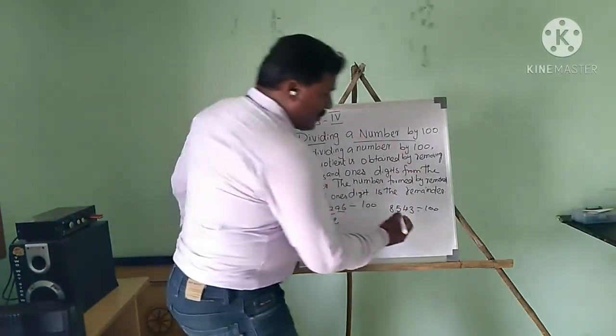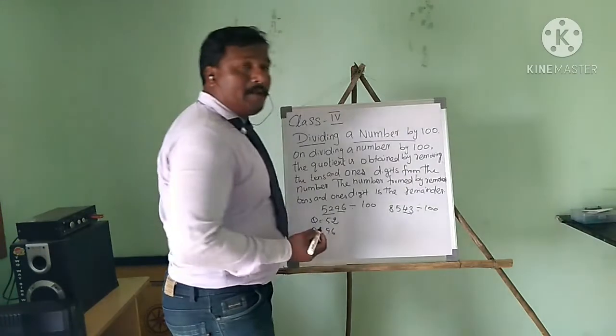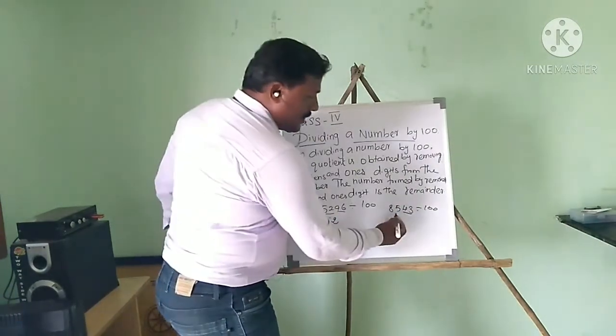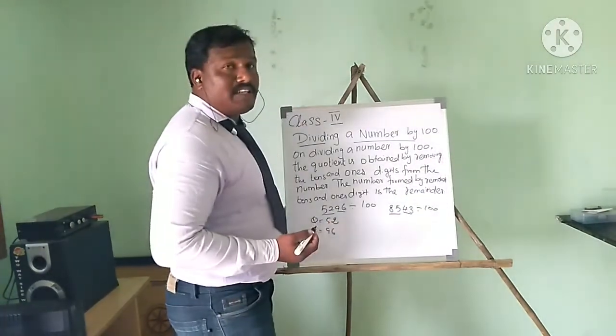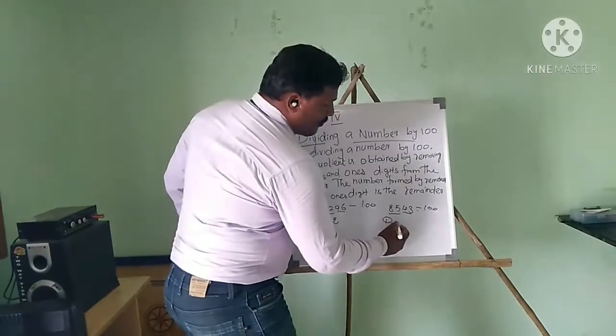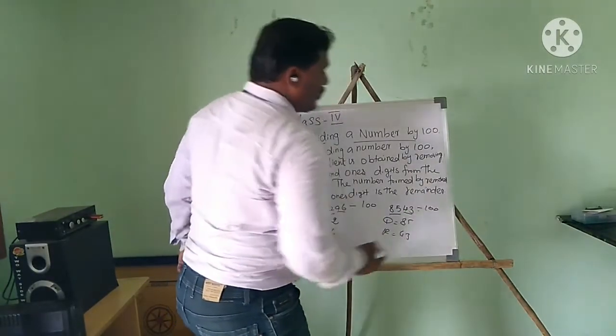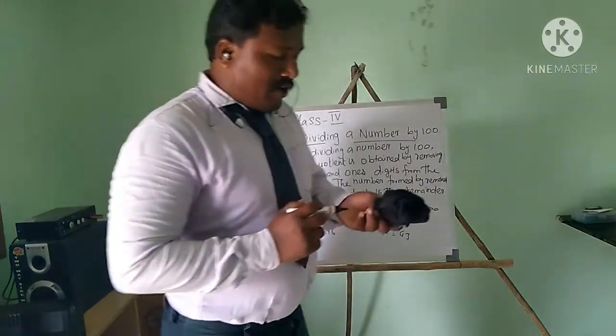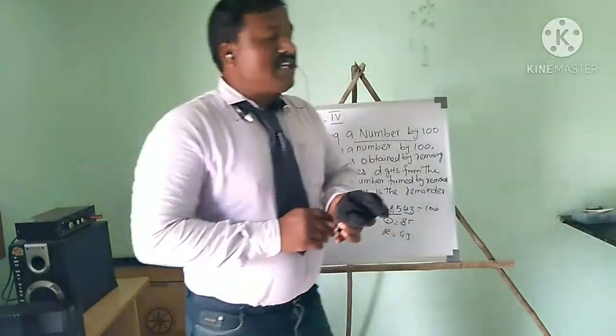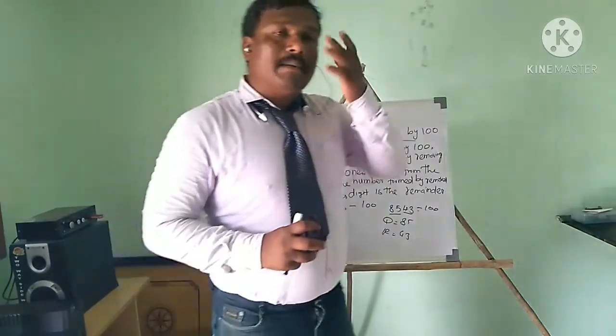So the last two digits, 43, is the remainder. The remaining 85 is the quotient. So Q is equal to 85, R is equal to 43. So see, easily I found the quotient and remainder when dividing a number by 100.